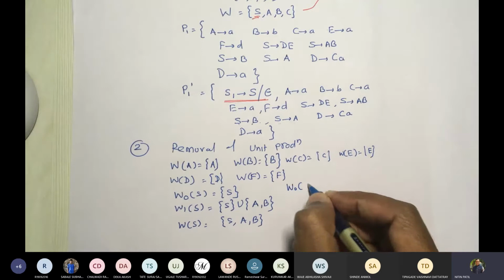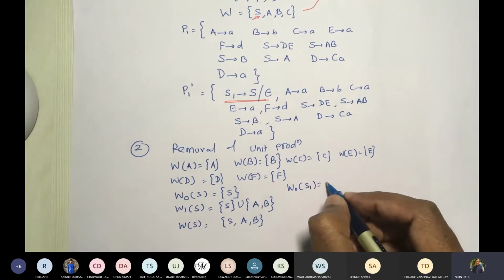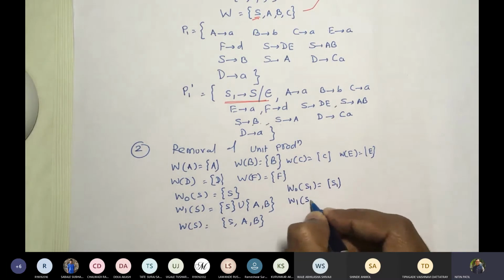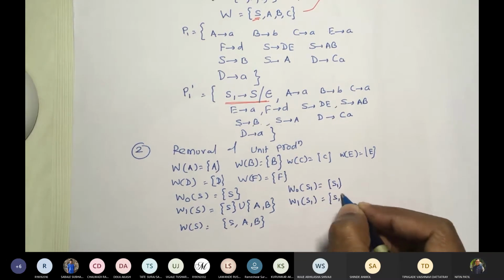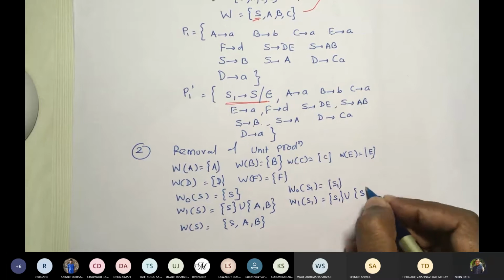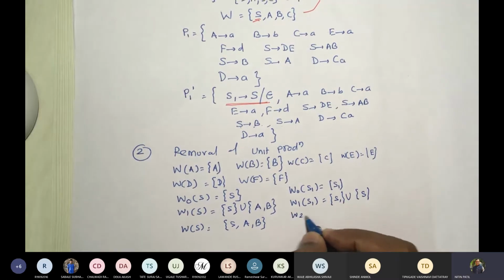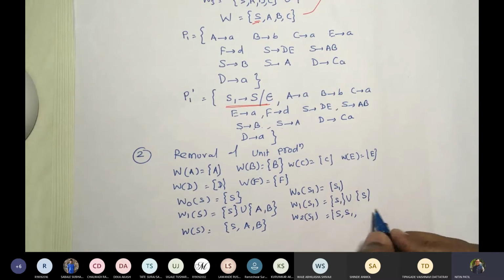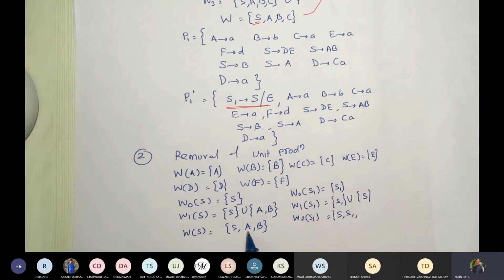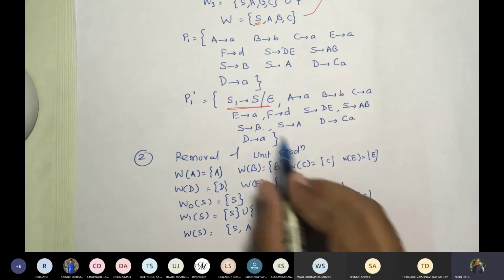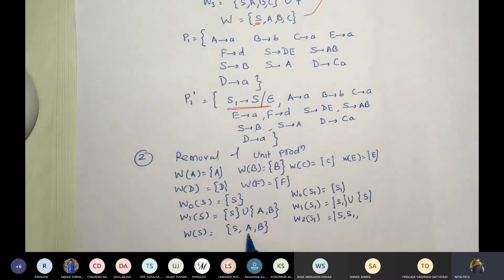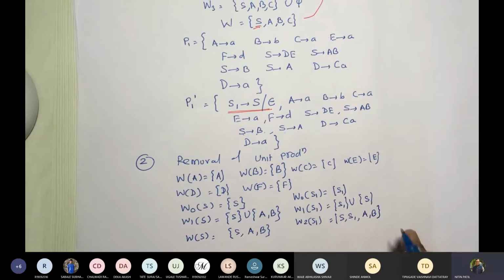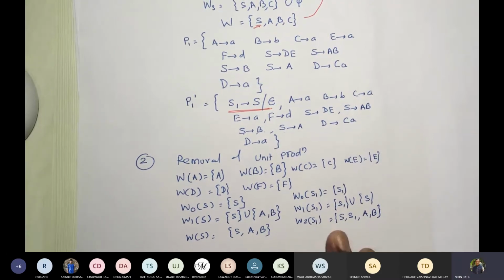Now W0 of S1. W0 of S1 is what? S1 initially. W1 of S1 is what? S1 union S, correct? W2 of S1 is what? S1. Now whatever is there in W of S, you can directly add that, because S gives A and S gives B would be there, correct? So you can say whatever is appearing in W of S would be added here. So we will have A, B. Got it? Added this.